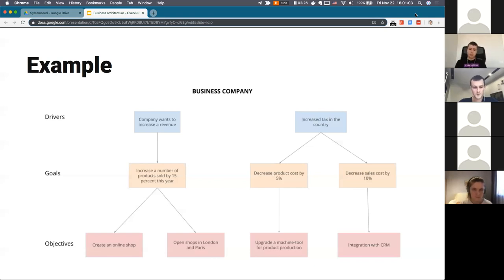Yeah, also quite an important point. I think we always think about business, about their goals and drivers, but it's important to have it documented, because we know it, but sometimes we might not see the full picture.